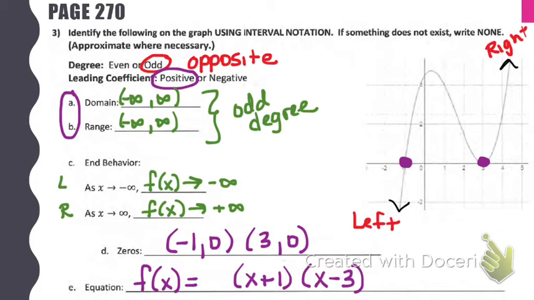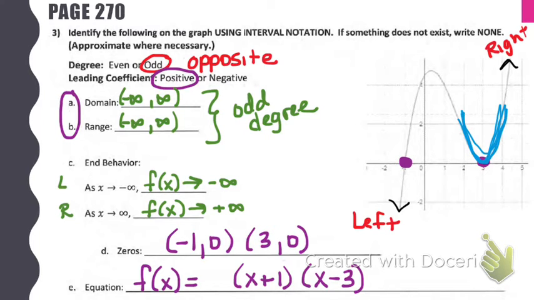Okay, so when we look at this, we're going to add one more thing to it. Notice that when it touches the graph at x equals 3, it doesn't go through it. What does this look like? What kind of graph does this remind you of? That shape. What kind of function looks like that when you graph it?